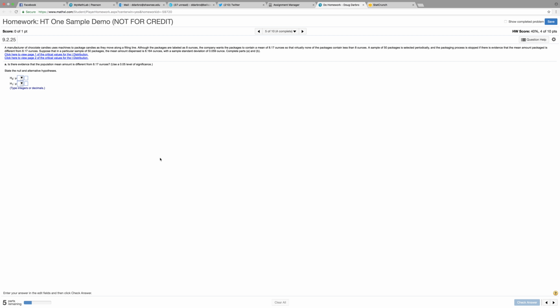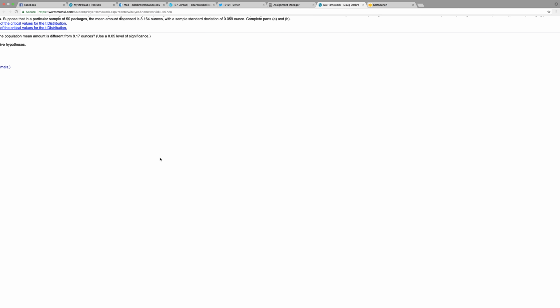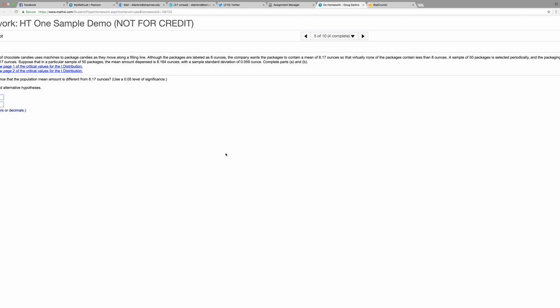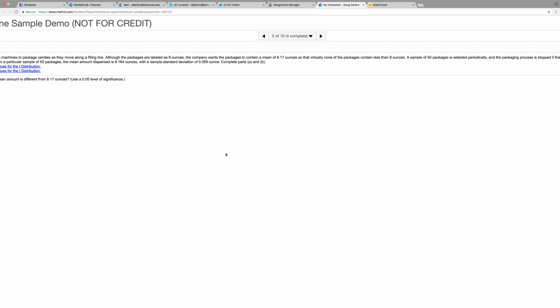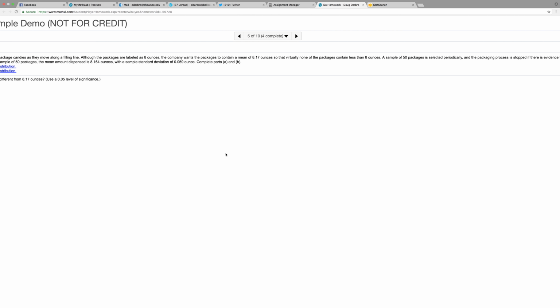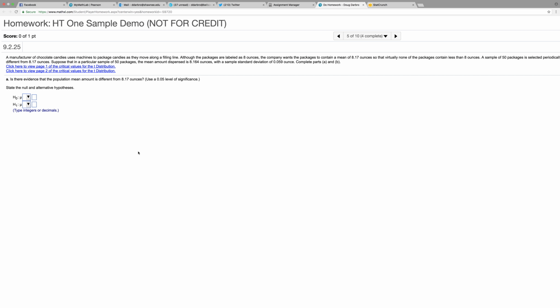All right, a manufacturer of chocolate candies uses machines to package candies as they move along a filling line. Although the packages are labeled 8 ounces, the company wants the packages to contain a mean of 8.17, so that virtually none of the packages contain less than 8. A sample of 50 packages is selected periodically and the line is stopped if the mean amount is different than 8.17.